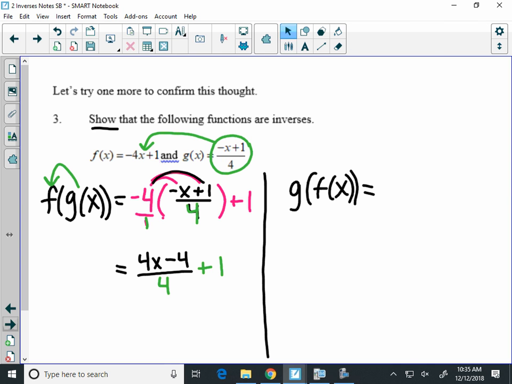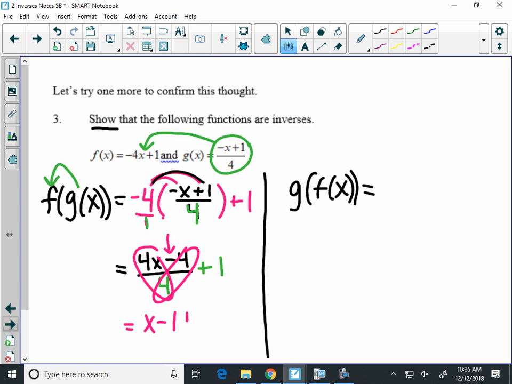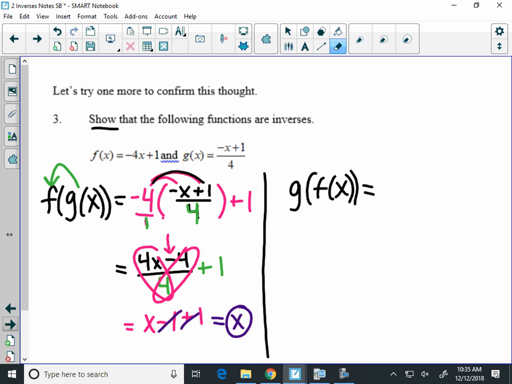Well, let's simplify. 4x over 4, that's just 1x, minus, because there's a minus in the middle, 4 over 4 equals 1, plus 1. Well, just like we've seen, the 1's cancel, and this composition gives you a value of x. So far so good. I have the x that I want. But I have to make sure that the other composition also gives me a value of x.